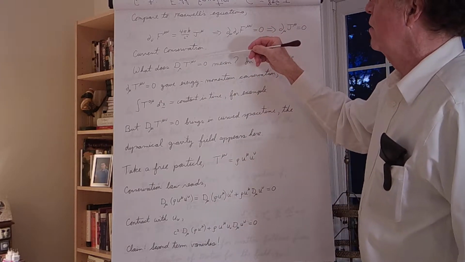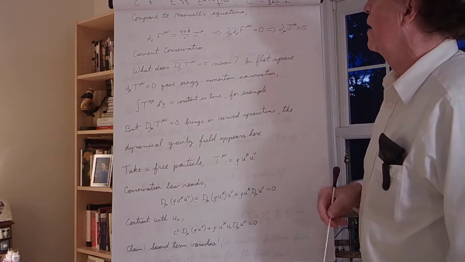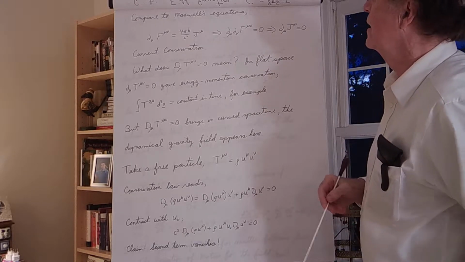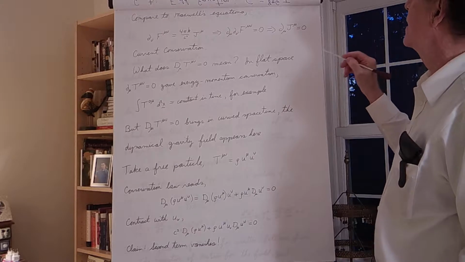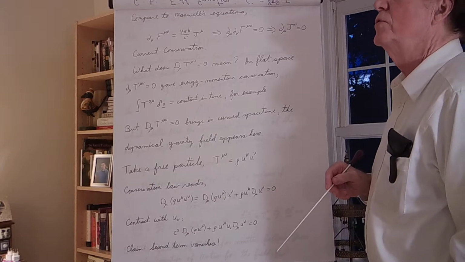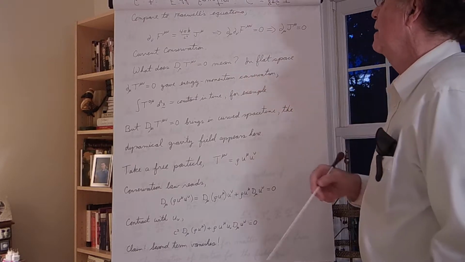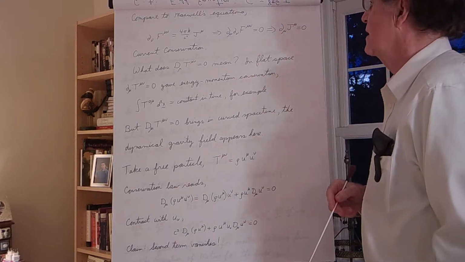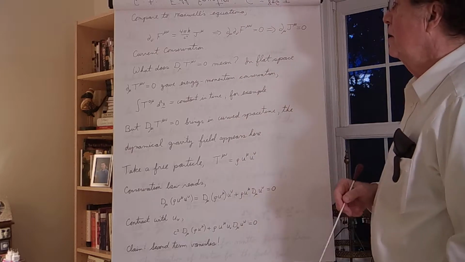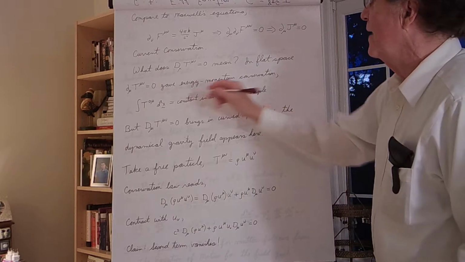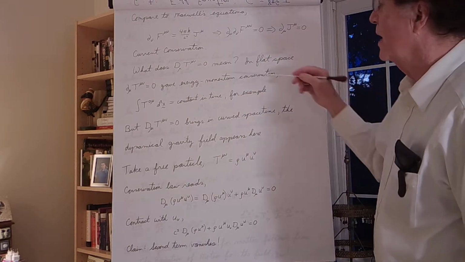The conservation law we're given from Einstein's field equation, or the generalization of this type of conservation law to curved space-time, is that the covariant derivative hitting the second rank tensor gives me 0. I remind you, in flat space-time, that gave us energy momentum conservation.